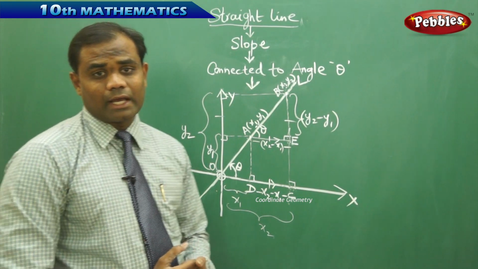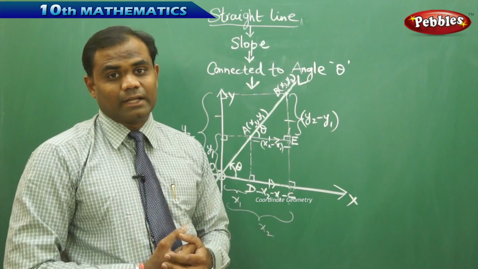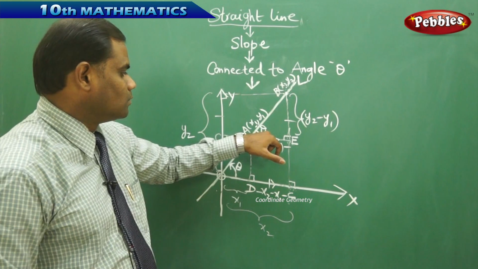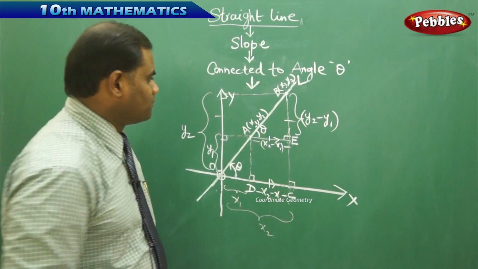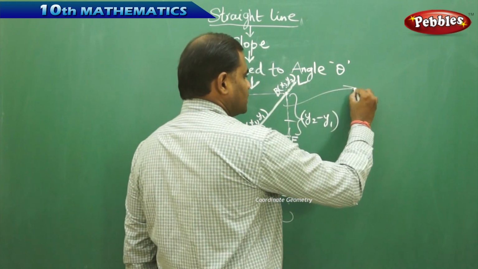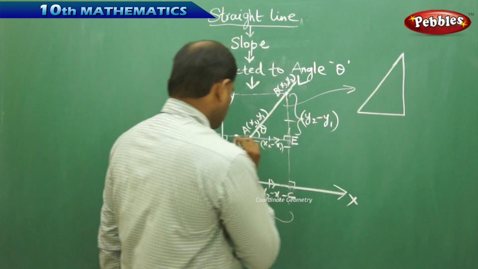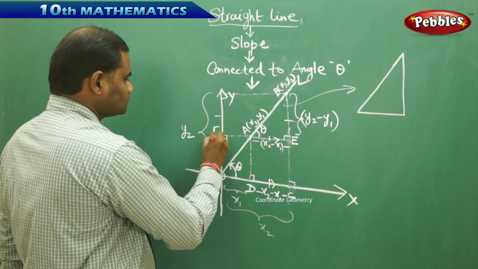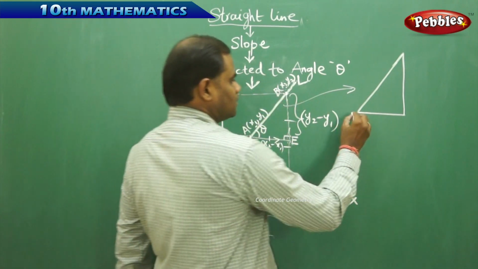Two corresponding angles are always equal in a pair of parallel lines. Since the lines are parallel, the corresponding angles are equal, and therefore this being theta, this will also be theta. Now if I take this diagram separately as a right angle triangle, let me take this AEB as taken here.